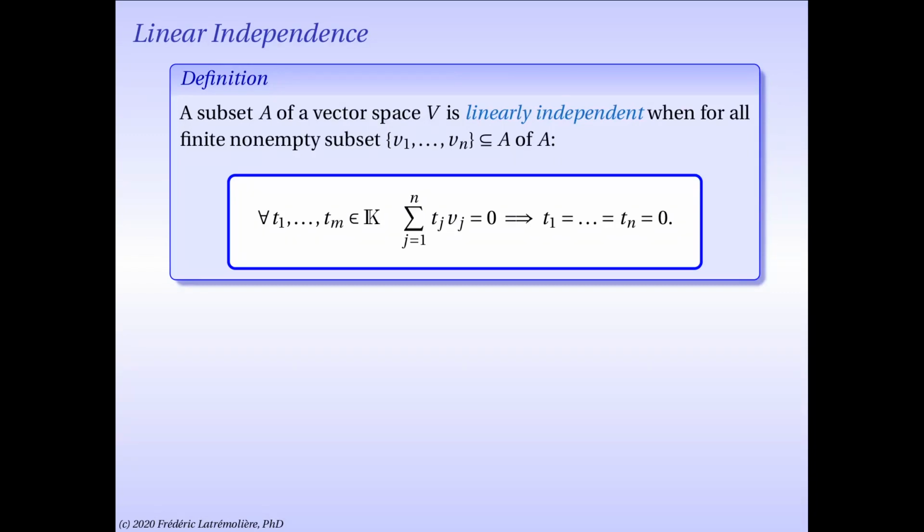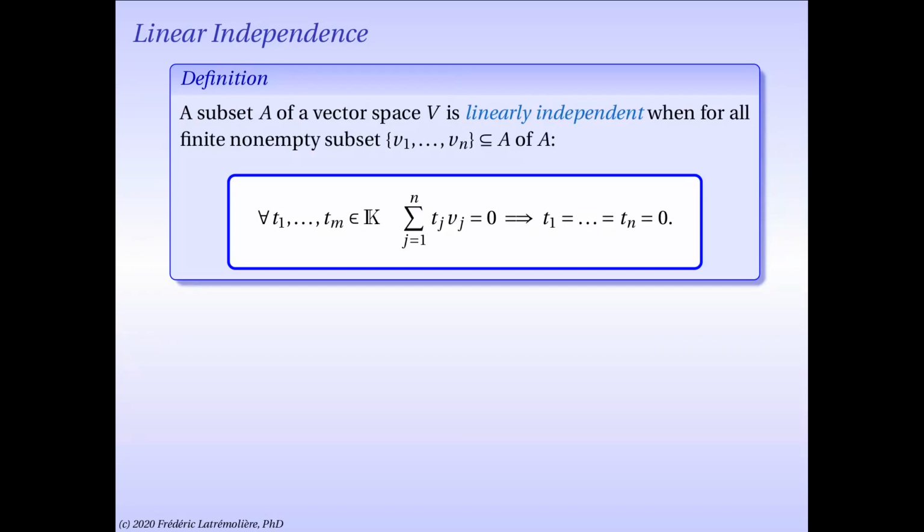So a subset A of a vector space is linearly independent when for all finite subsets v1, v2, etc., vn of A, and for all scalars t1, etc., tn, if the linear combination t1 v1 plus t2 v2 etc. plus tn vn is 0, then the scalars t1, t2, etc., tn must all be 0. This is of course very much inspired by assertion 2 in the previous theorem.